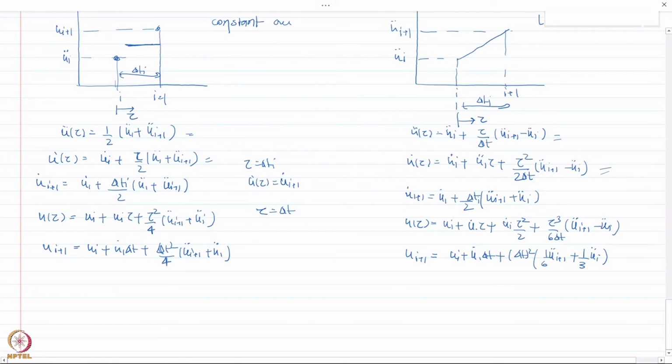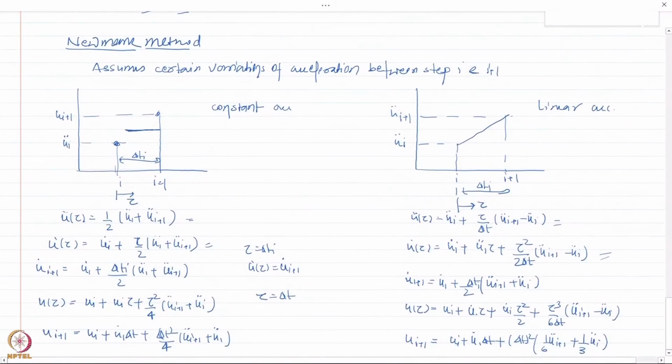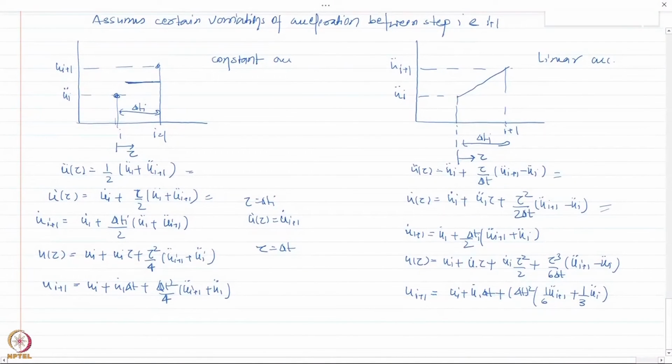Now in this method, the first method is called the constant average acceleration method. The second is called the linear acceleration method. So this is Newmark's constant average acceleration method, and again Newmark's linear acceleration method.